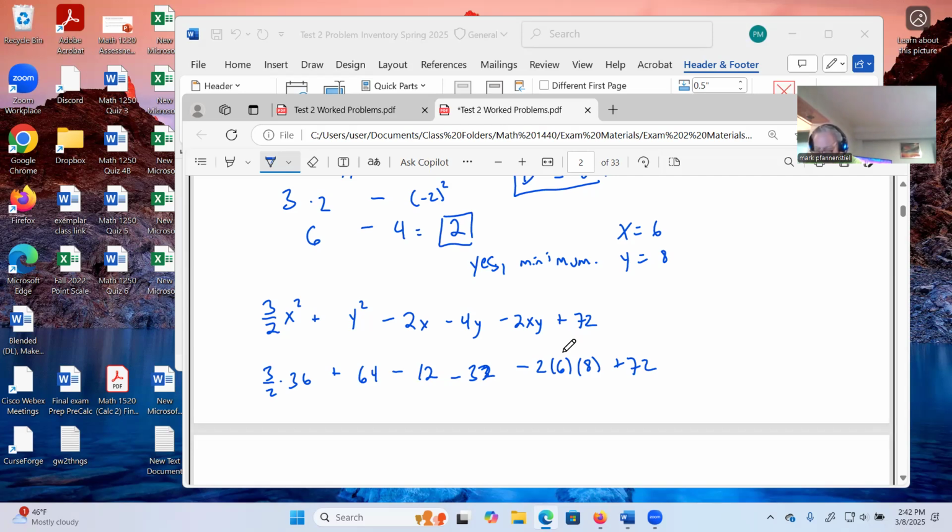So we have minus 96, and then we add 72 to the whole thing, and we got a value of 410. So that is what something like that would look like. Be careful when you're plugging things in and make sure you do the correct arithmetic. But that's pretty much what you're doing with all of that.